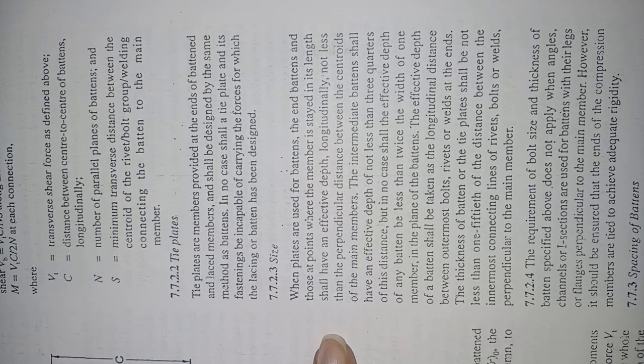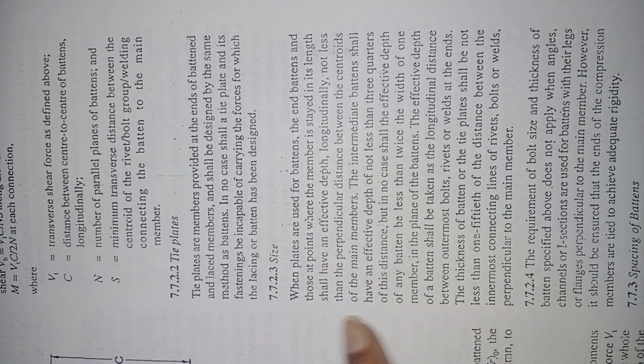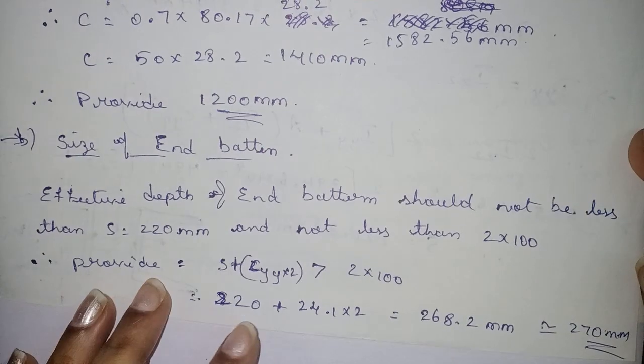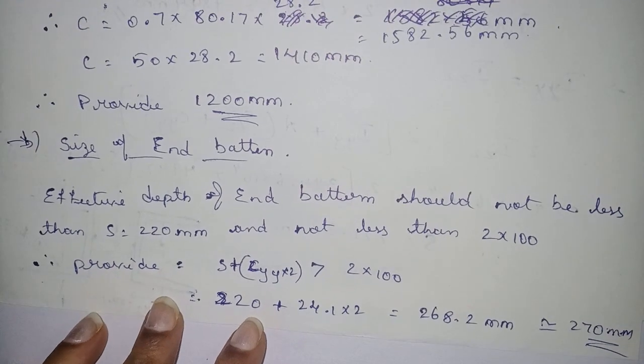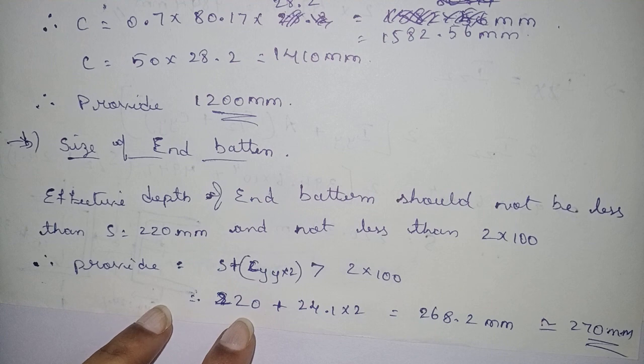This size of the battens is divided into two: one is for the end battens, and the other is the intermediate battens. End battens means maybe the very first batten or the very last batten. Middle battens are the intermediate battens.